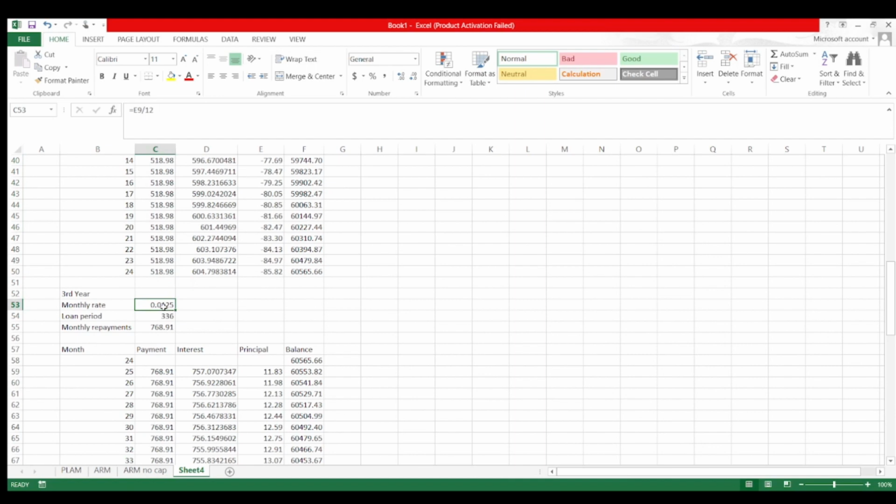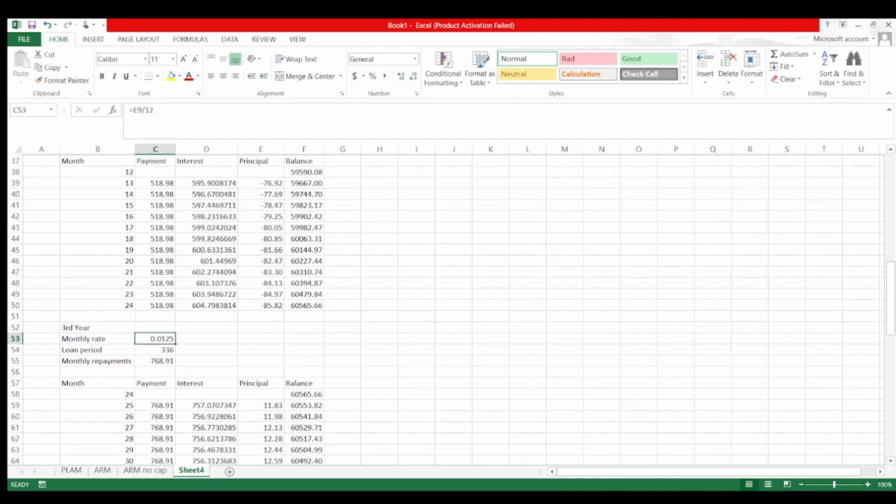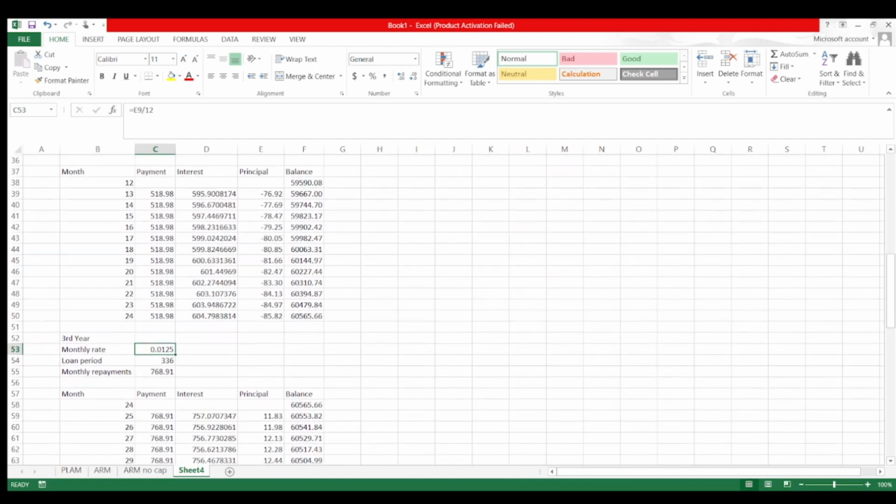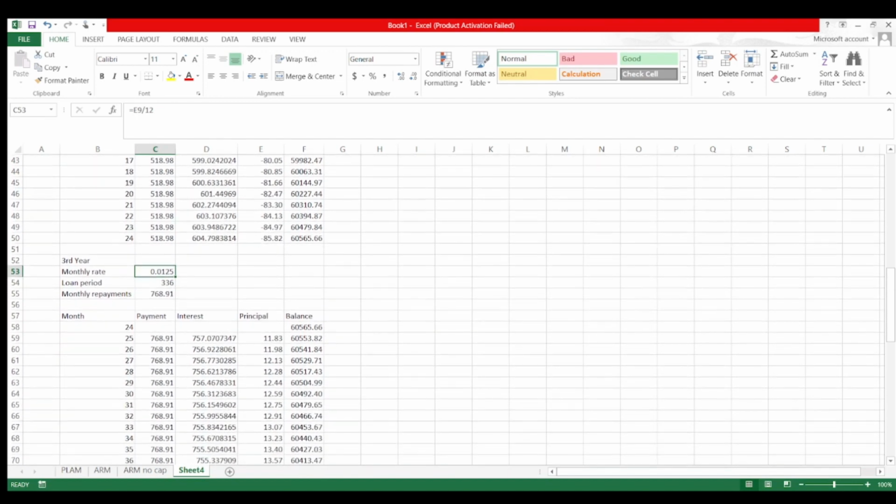So for the third year, the rate still remains as was in our early example, and the loan period also remains. But for the monthly payment, again, we need to look at the capped payment. So earlier, our monthly payment was 518.98.